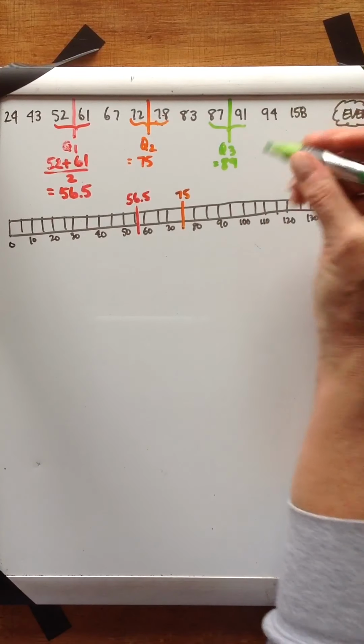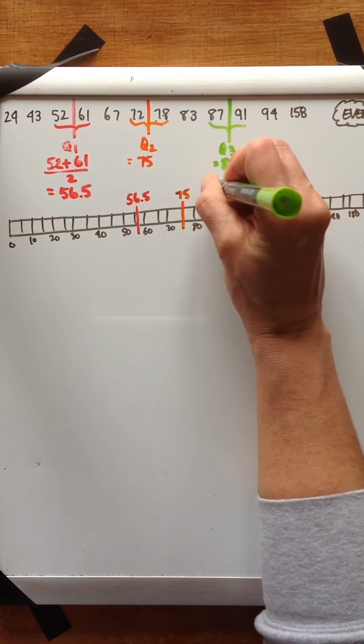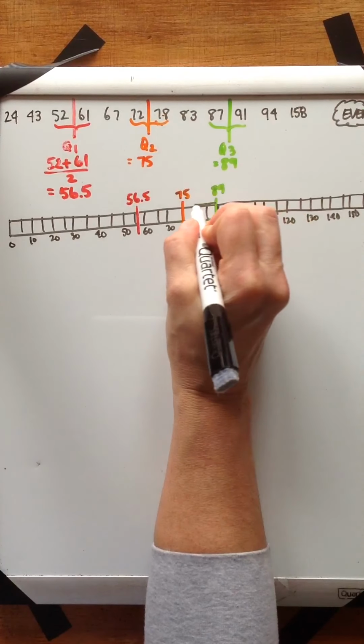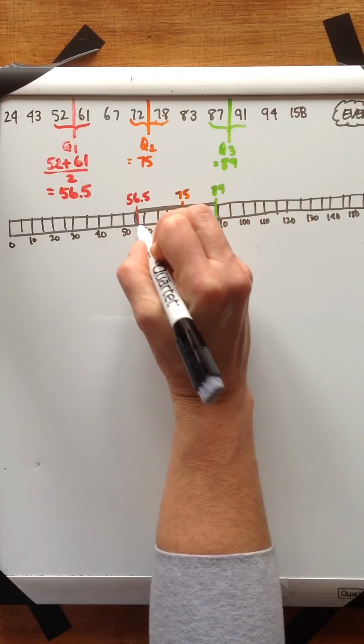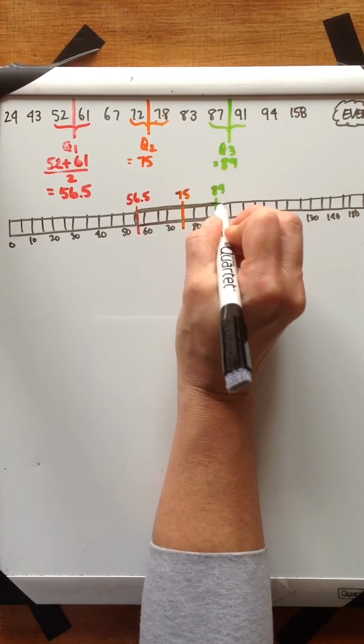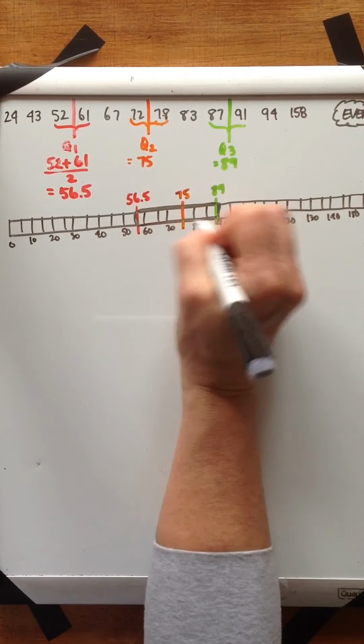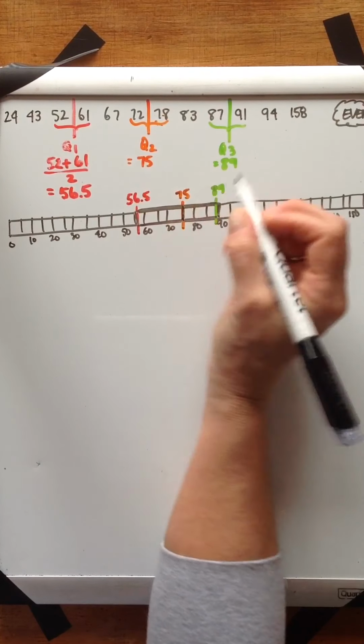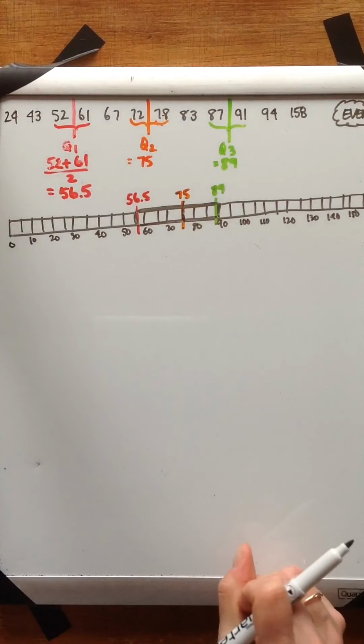And over here, 89 would be just before 90. And then I could draw my box. And again, I'm going to leave the colors in just so that you can see where they came from. But you would draw the box around the outside of Q1 to Q3, and you would also draw a line in the middle for where the median is, where Q2 is.